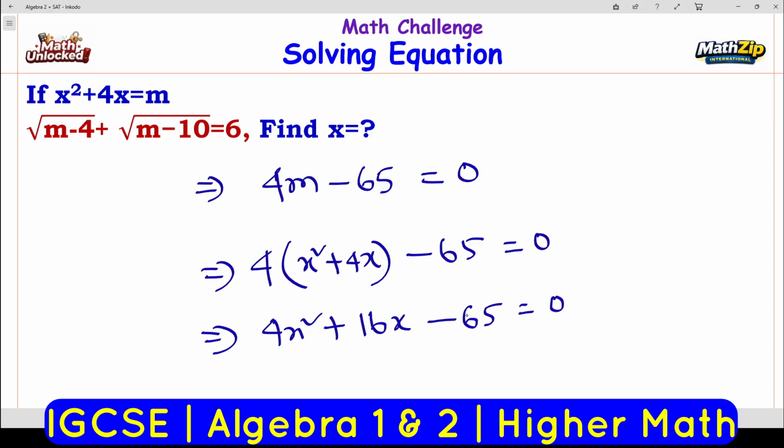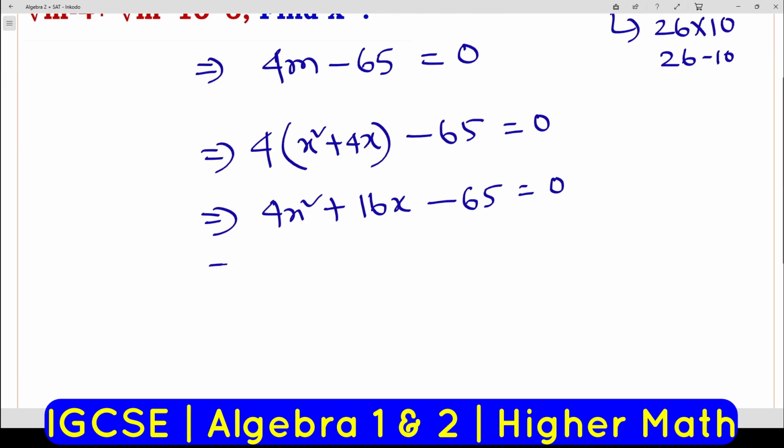Then what can we do? 4 times 65, we can use a calculator. 65 times 4 will be 260, and here is 16. Suppose 26 times 10 is 260, and 26 minus 10 is 16. So this one we can write like 4x square plus 26x minus 10x minus 65 equals 0.